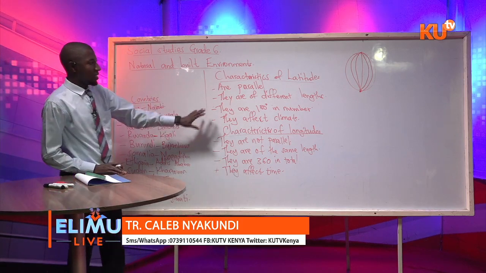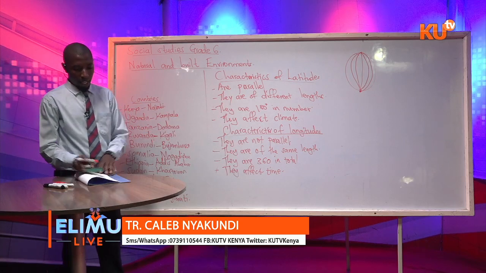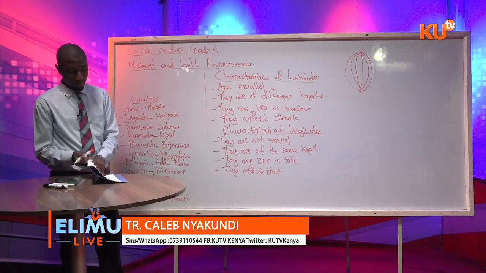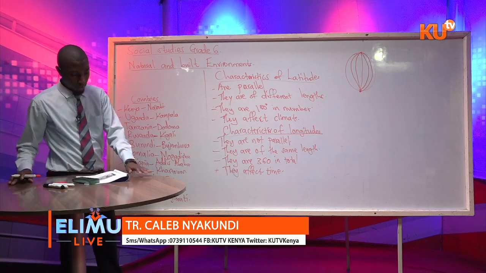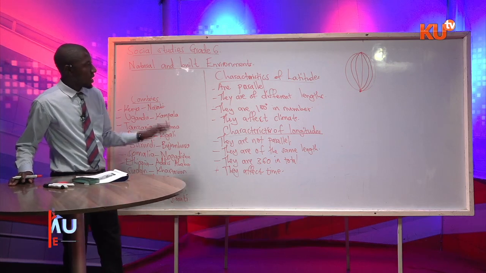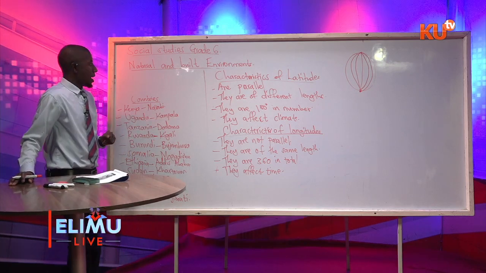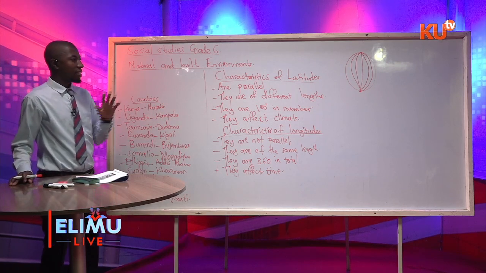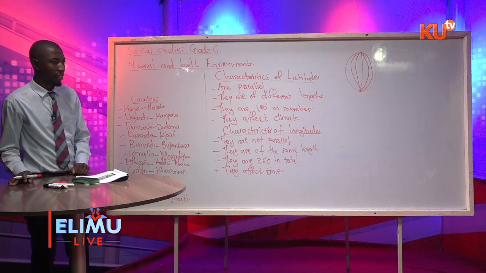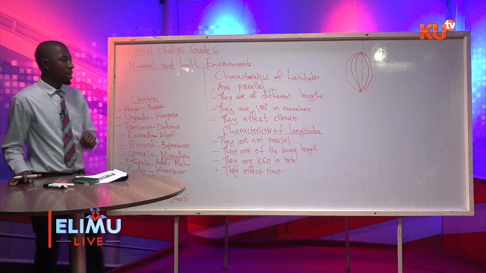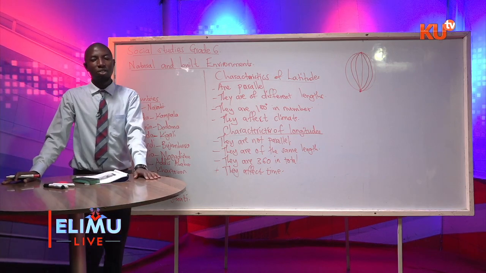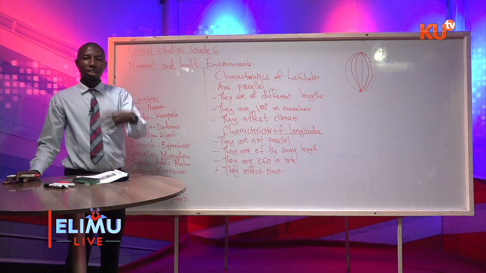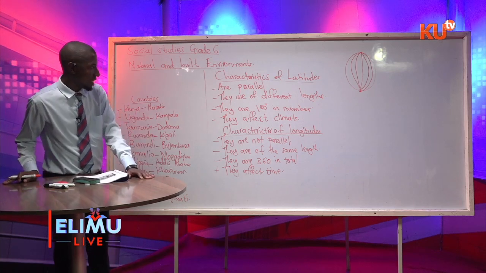Those are the characteristics of latitudes and longitudes. So, up to this point, we have seen the position of the Eastern Africa region. We have mentioned the countries and the capital cities.